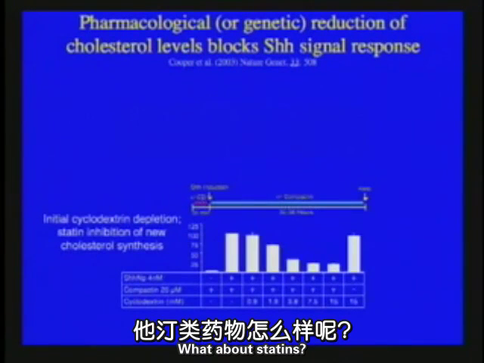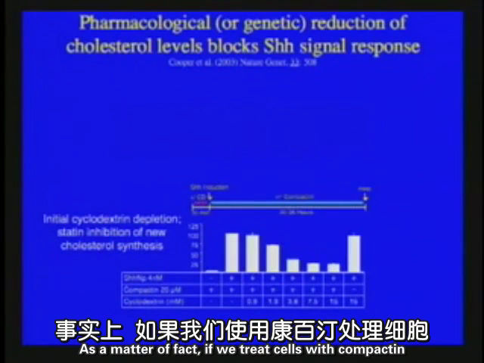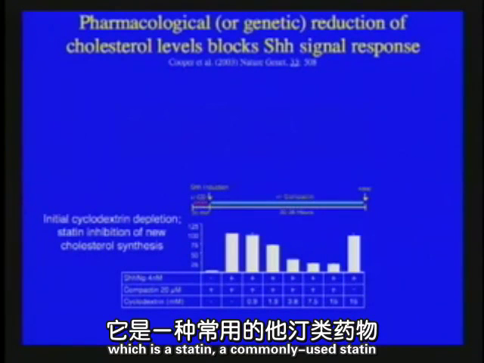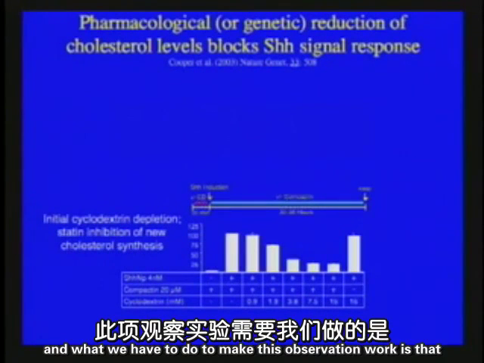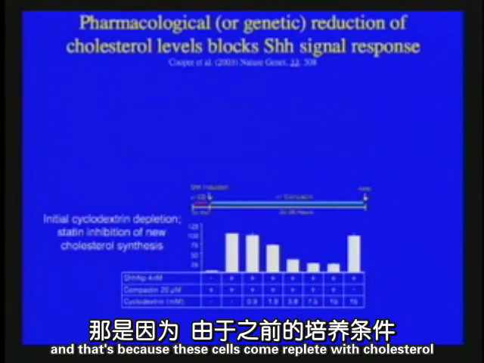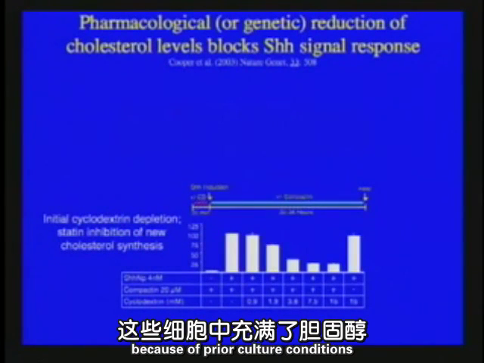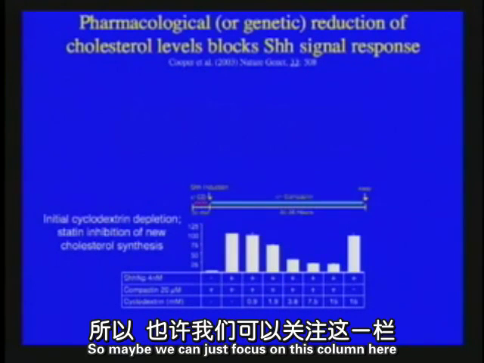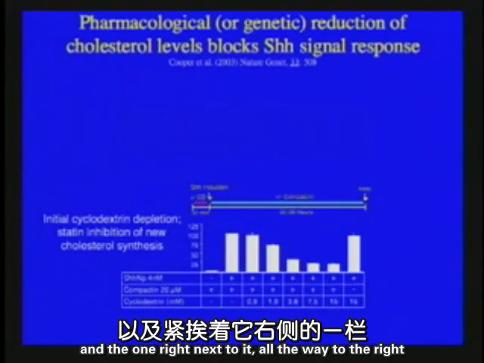Well, what about statins? As a matter of fact, if we treat cells with compactin, a commonly used statin, and what we have to do to make this observation work is pre-treat with some cyclodextrin, because these cells come replete with cholesterol because of prior culture conditions. So maybe we could just focus on this column here and the one right next to it all the way to the right.